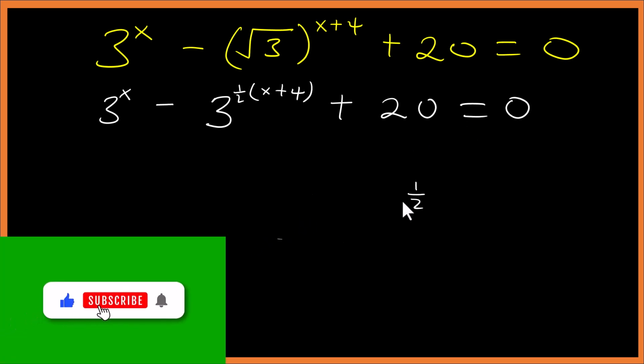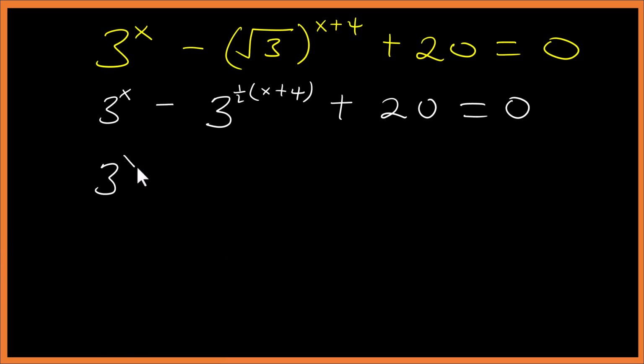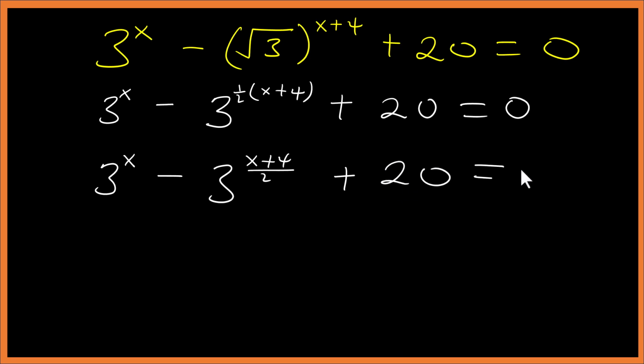Now we can still write this as 3 raised to x minus, it's the same as 3 raised to x plus 4 on 2, plus 20 equal to 0. Let's observe this side.